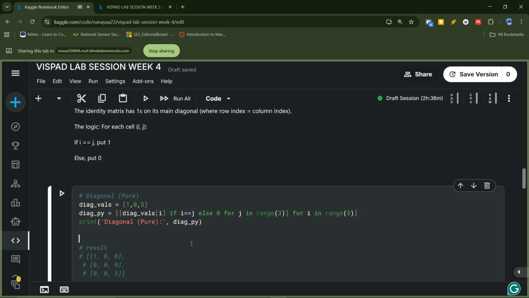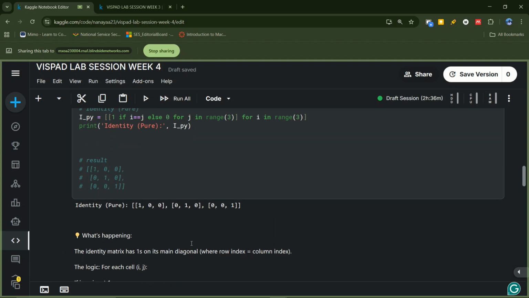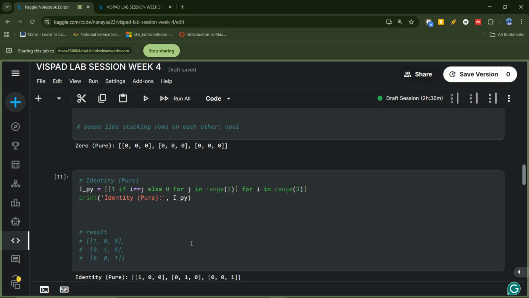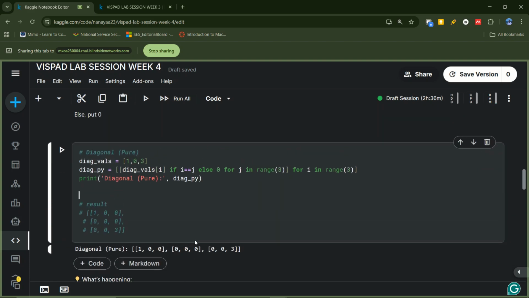Apart from that, it can be any other matrix. So we can truly say an identity matrix is also a diagonal matrix, right? Just that for the identity matrix, the diagonal is strictly 1. But for a diagonal matrix, it's not only 1, it can be 0, it can be 3, it can be other numbers. And the diagonals are what matter, while the others are 0. That is a rule.